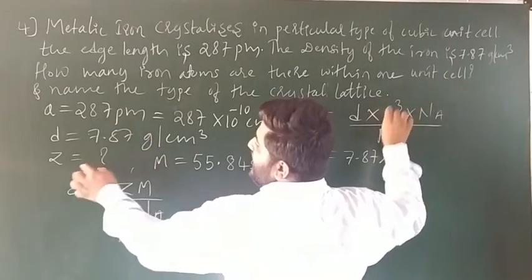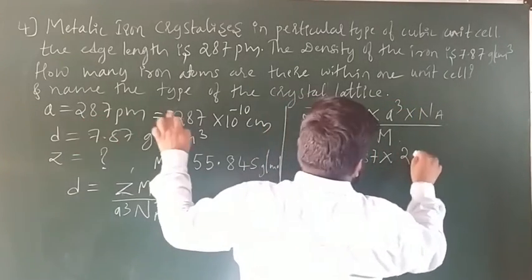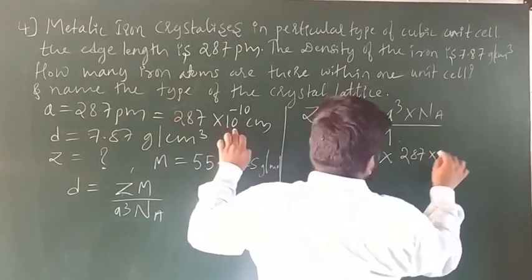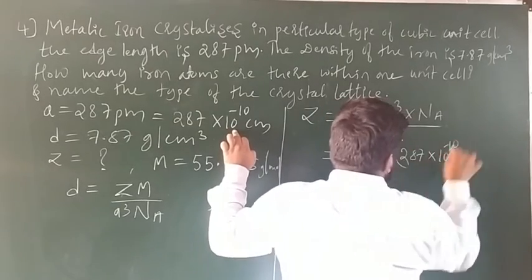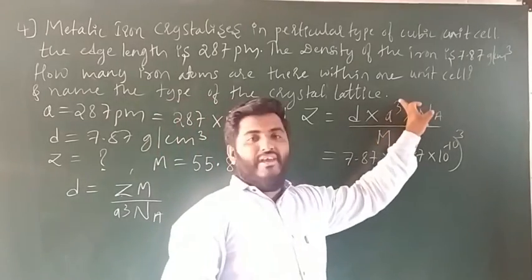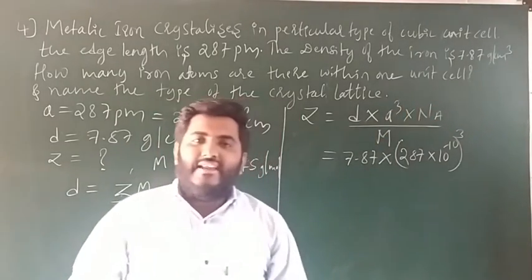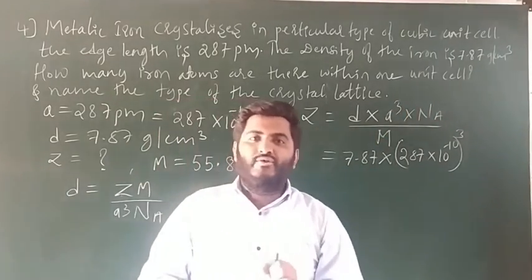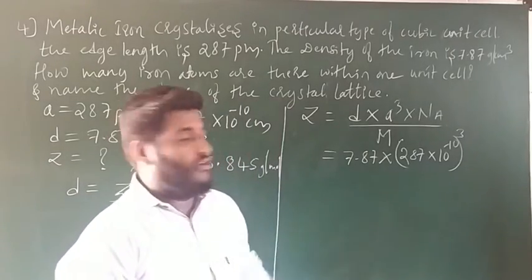What is A? A is 287 into 10 to the power minus 10, whole cube. Why whole cube, guys? Because we want the cube here. Next, Na is 6.022 into 10 to the power 23, that is the constant Avogadro's number.